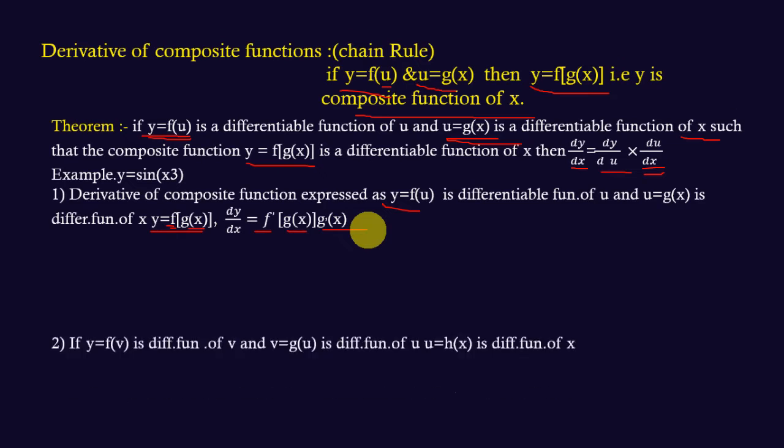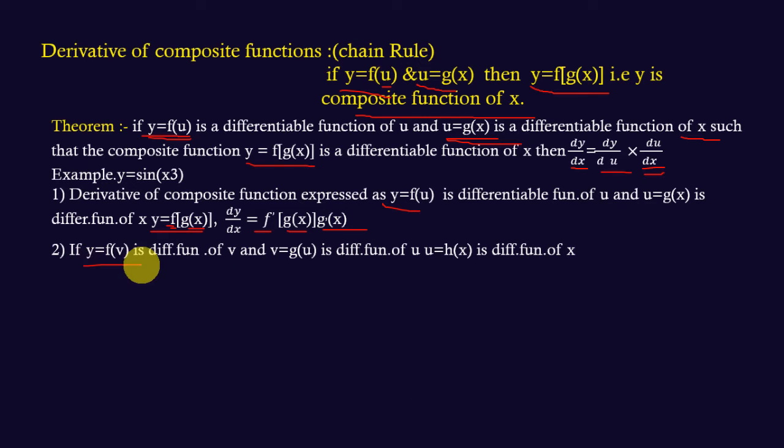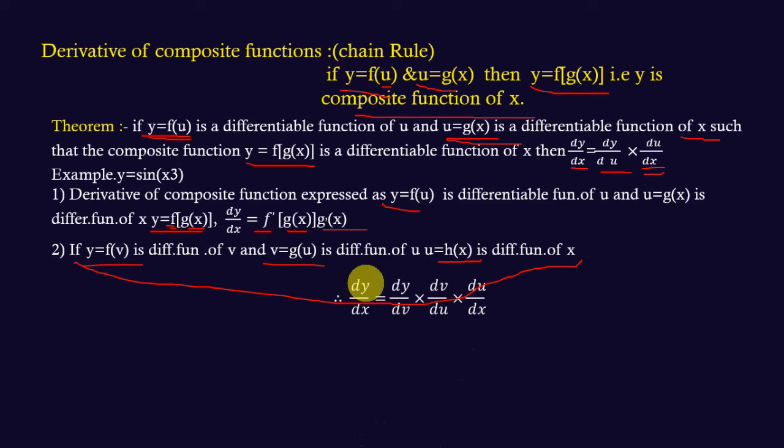Then the next one: if y is equal to f of v and v is a function of u and u is again a function of x, then finally y is a composite function of x. We differentiate y with respect to x, dy by dx.